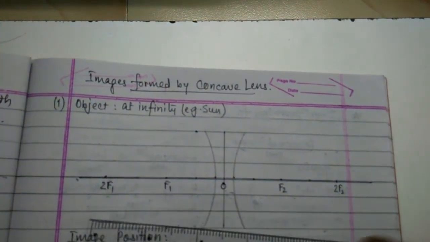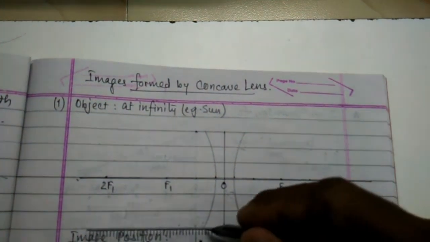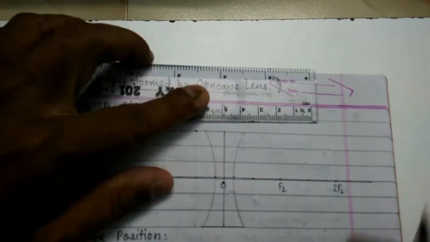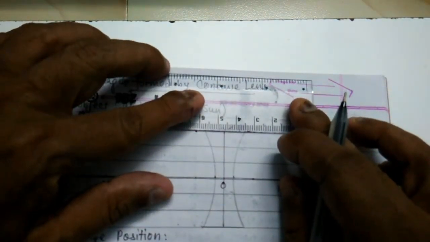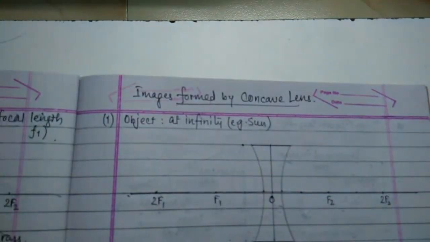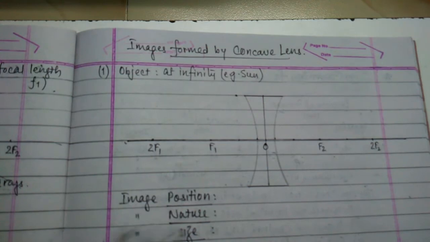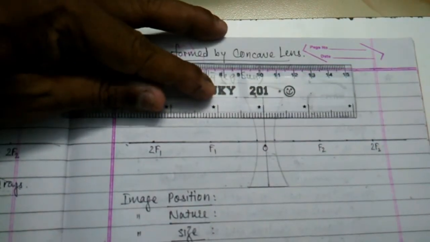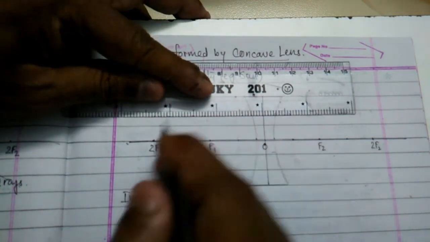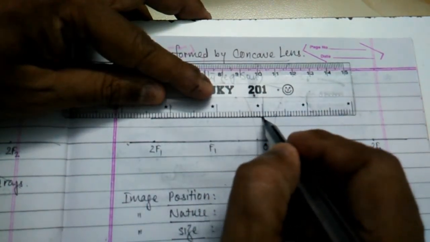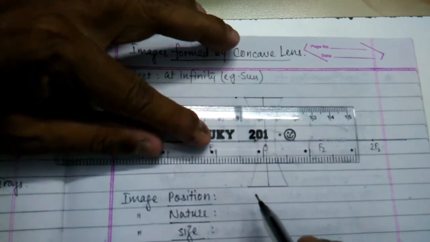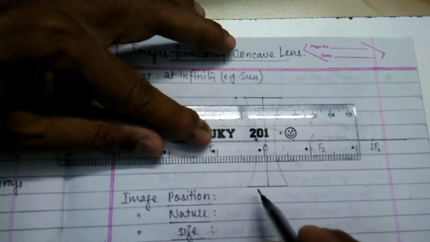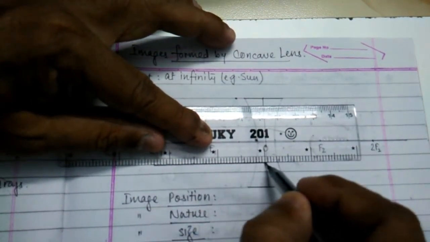So this is the concave lens. Now at infinity, suppose from the sun the rays are parallel and incident on the lens.